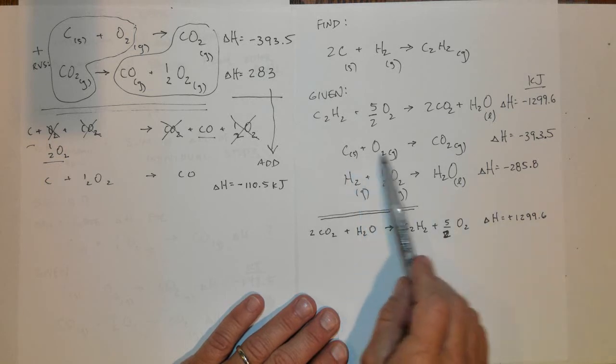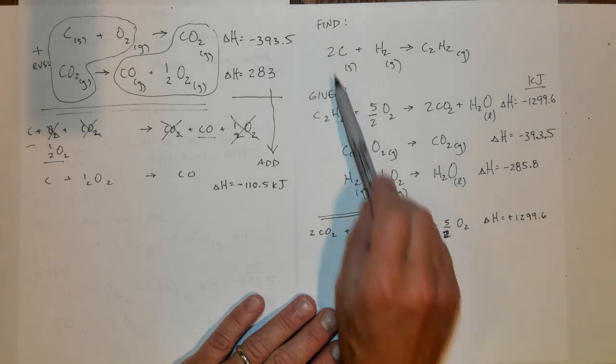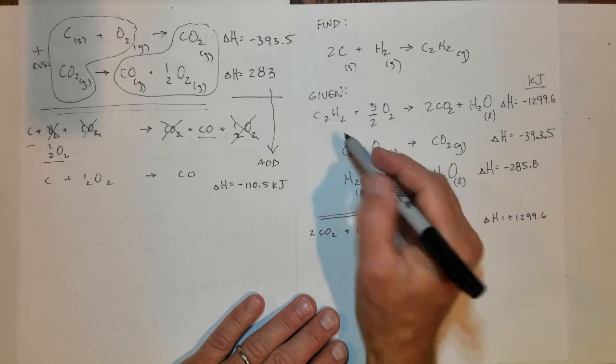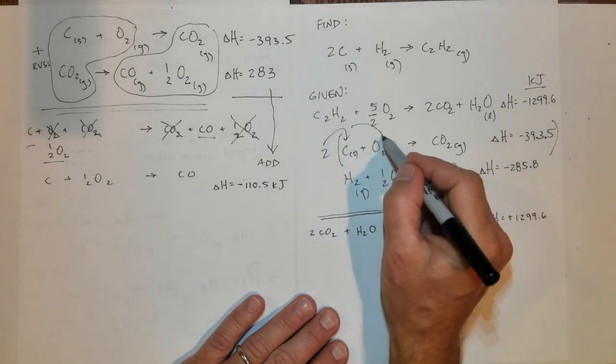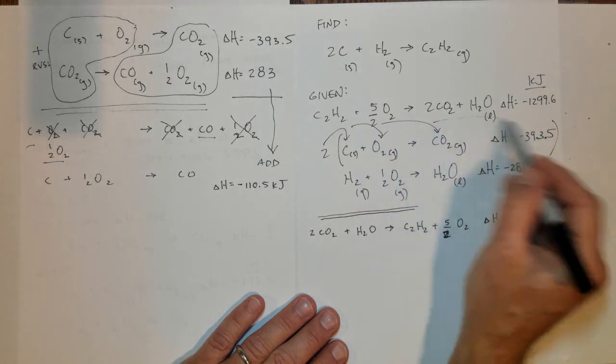Let's see, the second reaction right here, I need 2 carbons, because I see I have 2 carbons right here, so I'm going to take this reaction and double it. And then I have to distribute this 2 into each species inside this reaction.